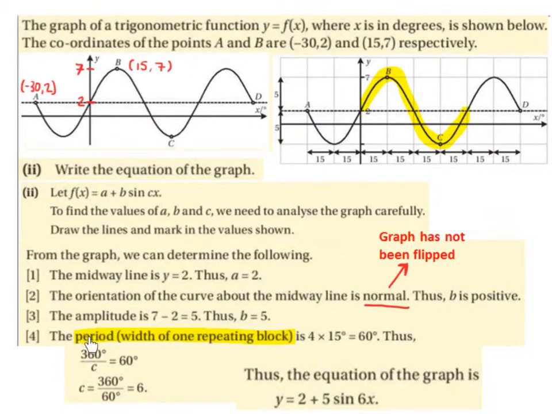Thus, 360 degrees divided by c is going to be 60 degrees. So c is going to be 360 degrees divided by 60, which is 6. Thus, the equation of the graph is y equals 2 plus 5 sine of 6x.